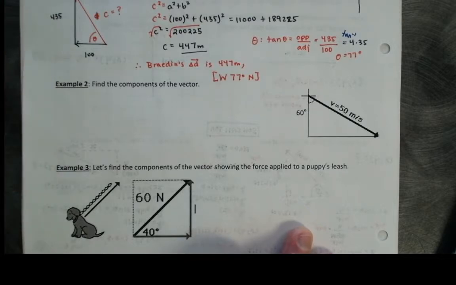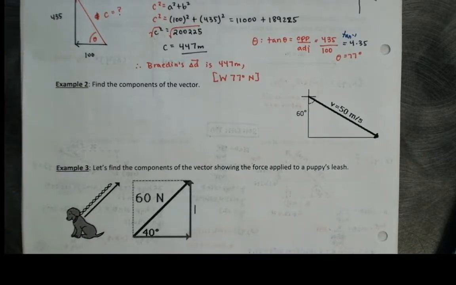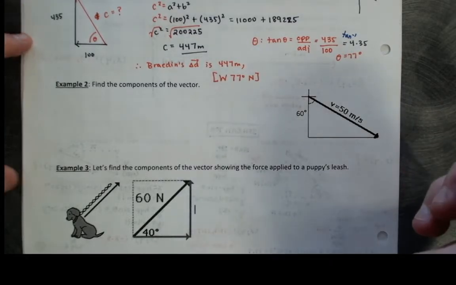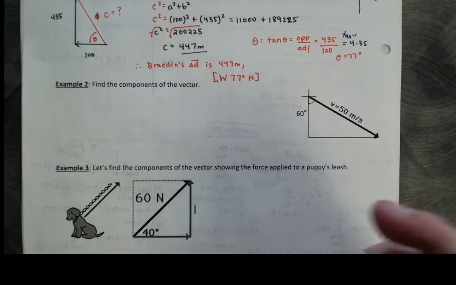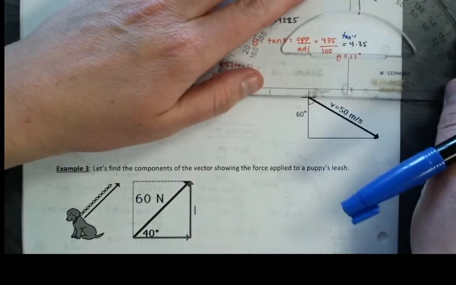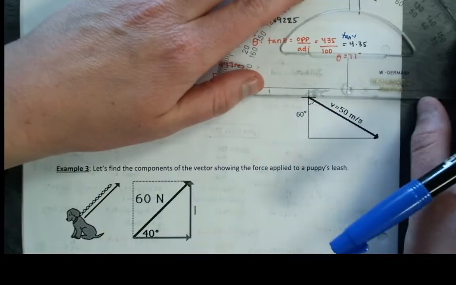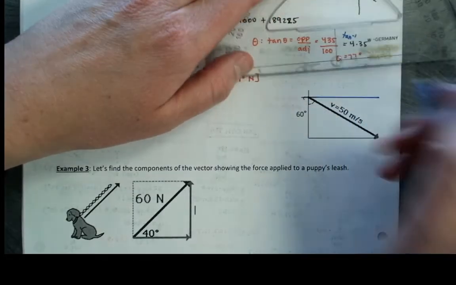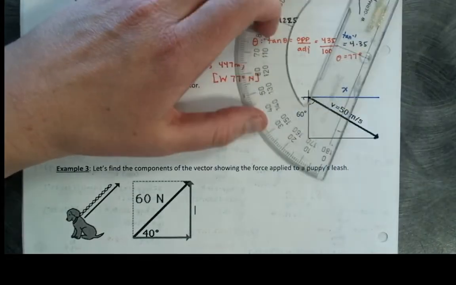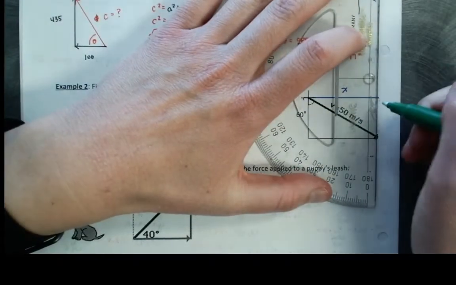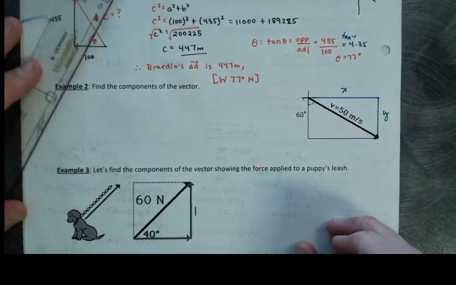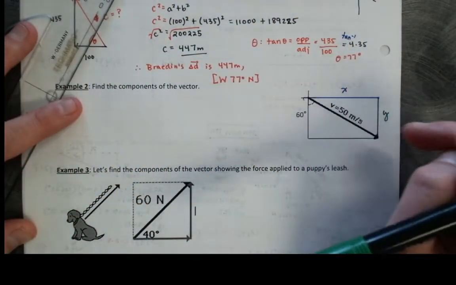Finding components. Okay, we've done this before. Remember, we have an x component and we have a y component. I'm going to redraw this because they showed our vertical direction first, and we don't usually like that. This is going to be our x, and this is going to be our y. Okay, we need to find our x, we need to find our y.